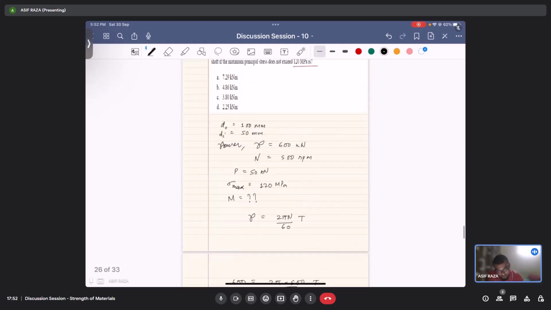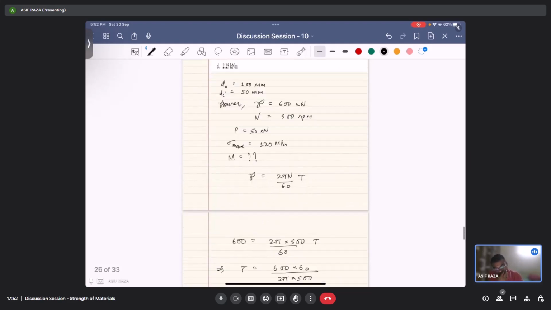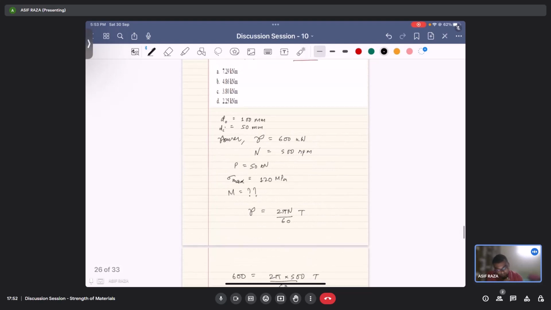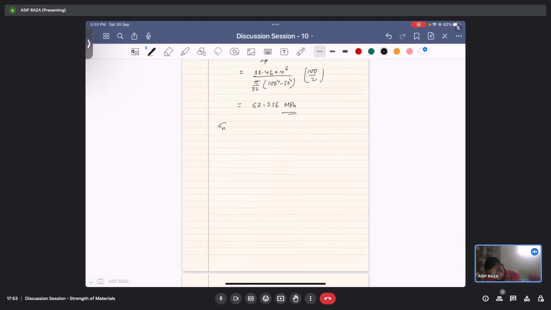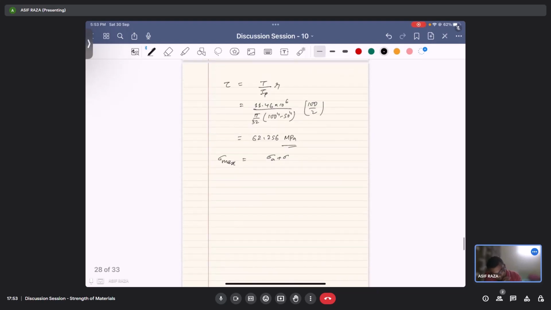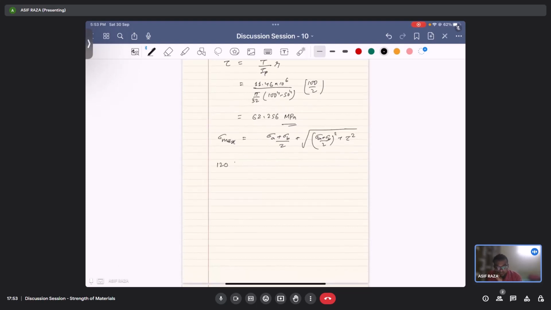Now the question is, maximum principal stress value is given as 120 megapascal. So I can say for sure sigma max will be equal to (sigma A plus sigma B) by 2 plus the square root of ((sigma A plus sigma B) by 2) whole square plus tau square, and this is equal to 120.